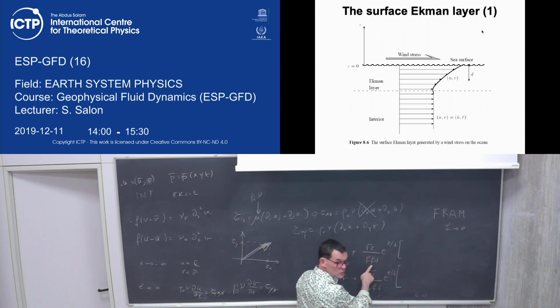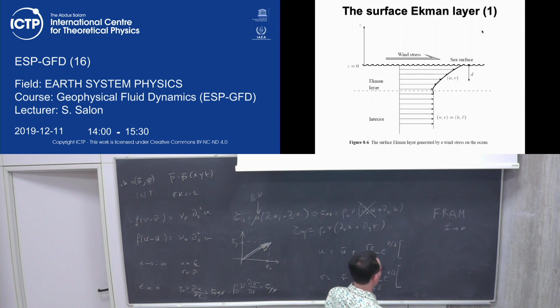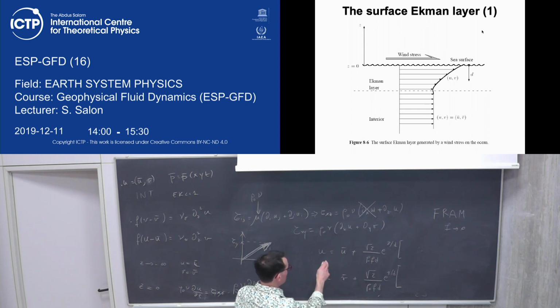So if I go to 0, this will become much larger. So the effect of this component will be much larger when we are going to the equator. That's why this solution here is extremely important when you are calculating the equatorial dynamics.